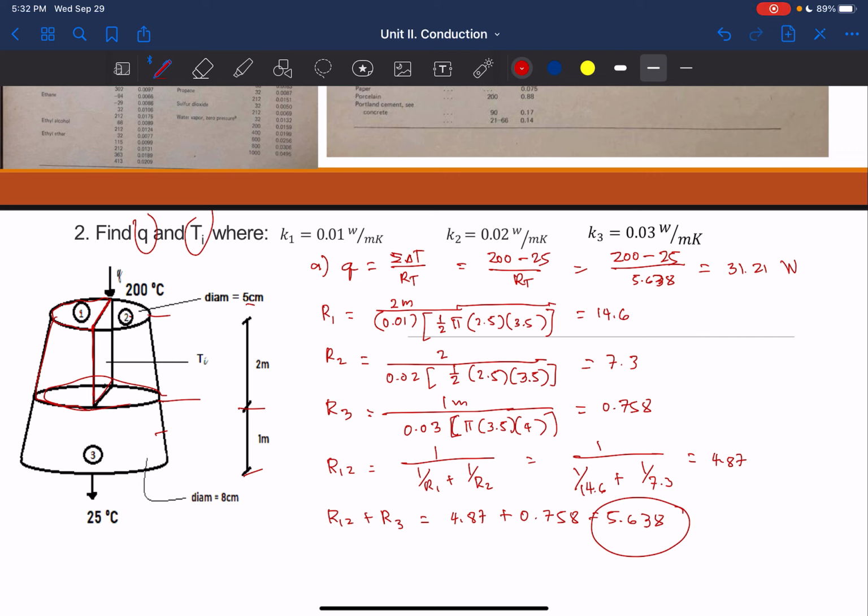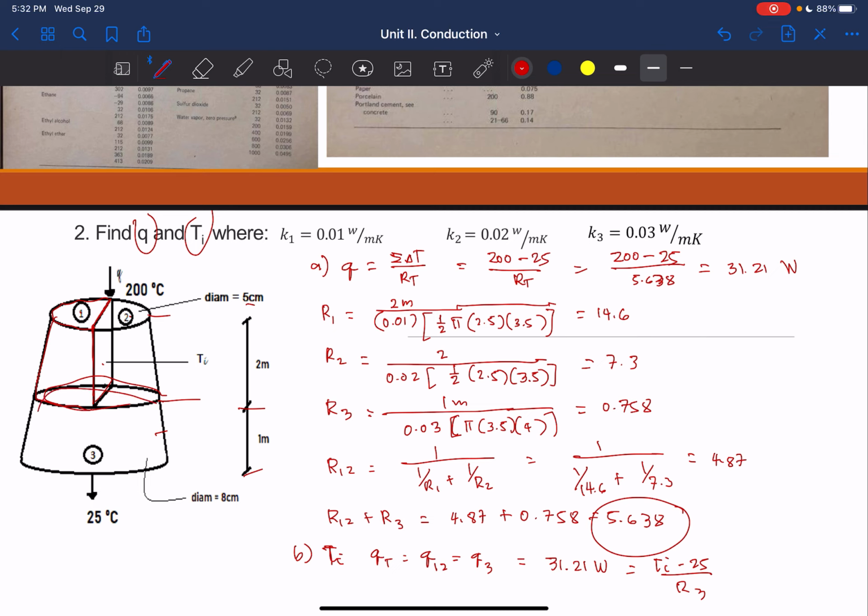For you to be able to get your TI, since Q total is equivalent to Q12 series equal to Q of 3. So kung ito yung TI, sa gitna, I would just have your Q, 31.21 watt, is equal to T sub I minus 25 all over your R sub 3.